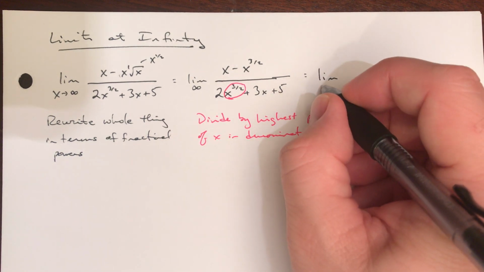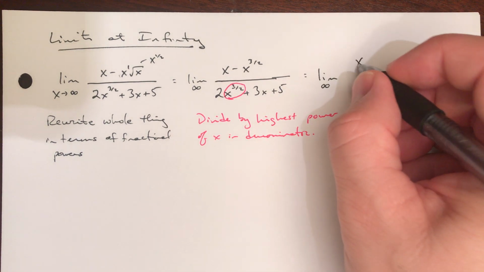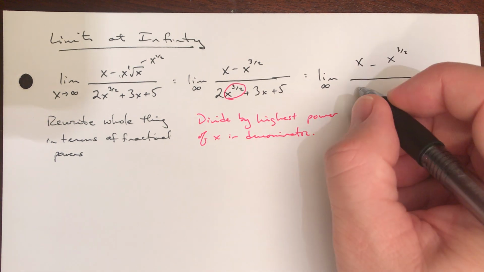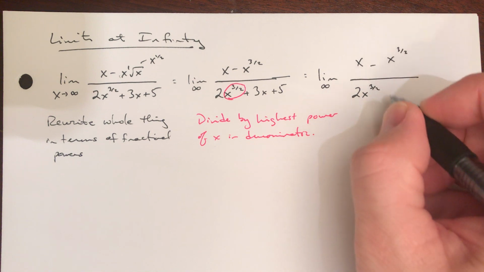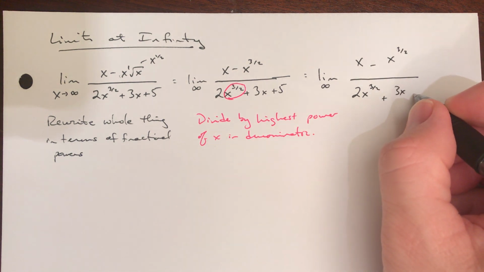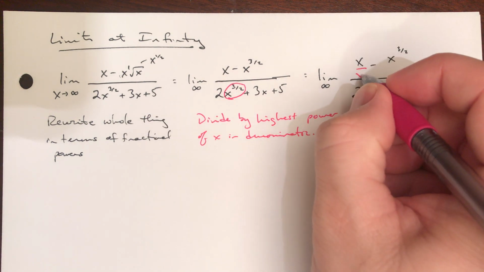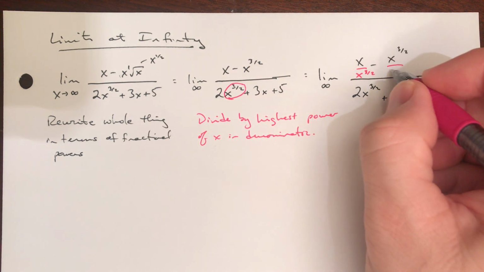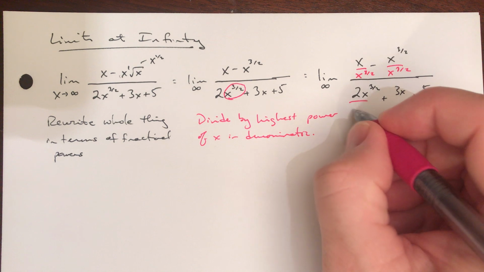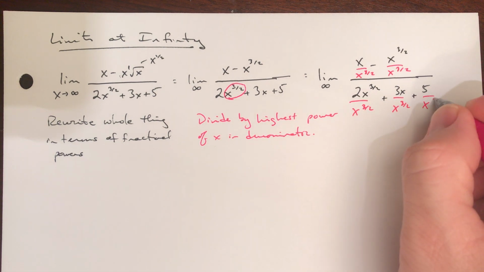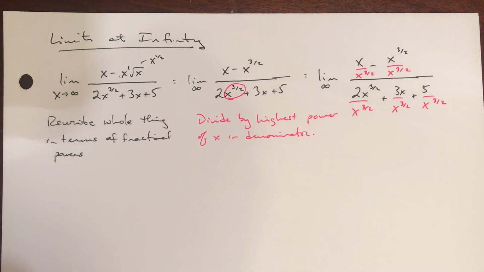So we get the limit at infinity of x minus x to the 3 halves over 2x to the 3 halves plus 3x plus 5, and everything is going to be divided by x to the 3 halves. And then we'll simplify that.